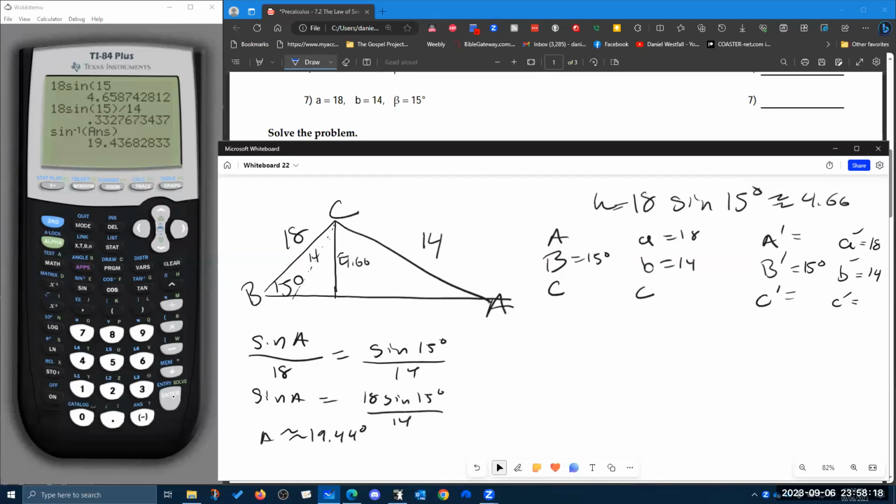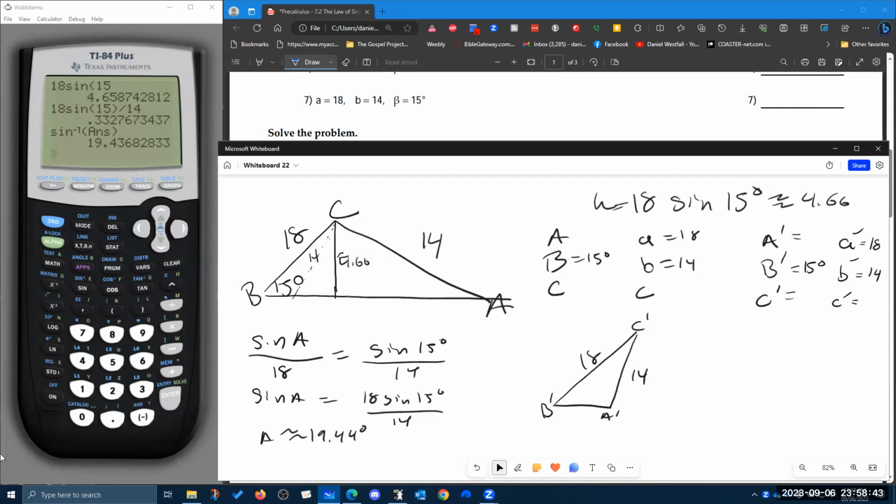19.44 degrees. My question then is, what if A was instead, I'm going to try and draw this triangle here, A prime, B prime, C prime, 18, 14, like so.